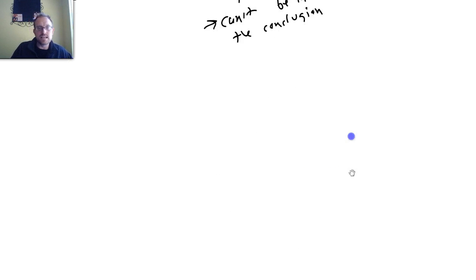So let's give an example here. Let's do a problem and see if it works for you. Here's the basic problem if I was going to read it to you. All attorneys are college graduates. Some attorneys are golfers. Therefore some golfers are college graduates. So what would that problem look like? It would look like this.